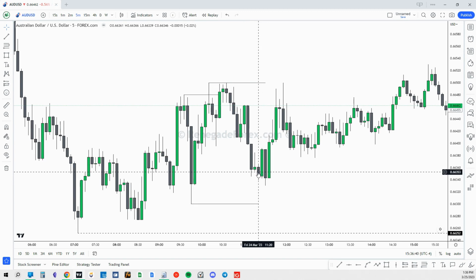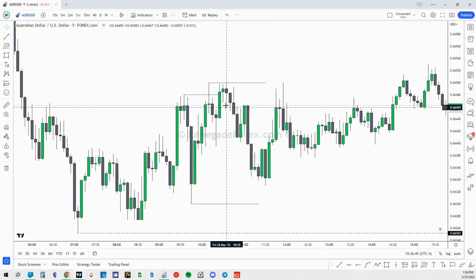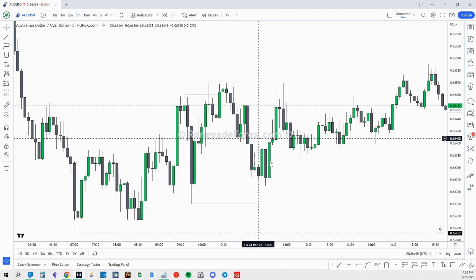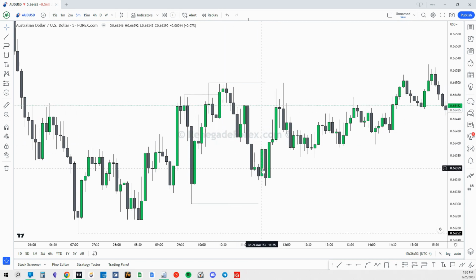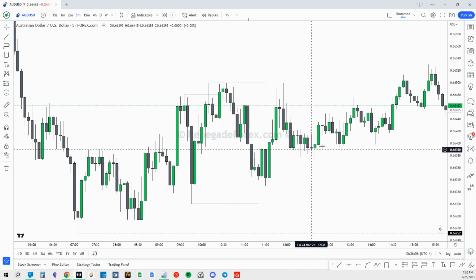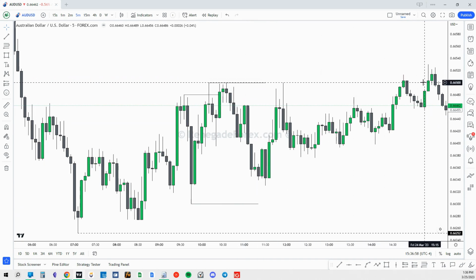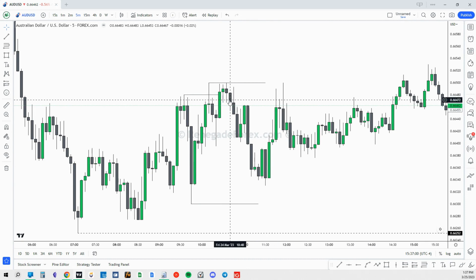As we go into higher time frames and multi-time frame analysis, you'll start to see that. So it's very important to remember that once we have the break of structure, we can assume that at some point in the future price will trade back into this zone, and then at some point in the future it will continue the trend in the direction of the break of structure.